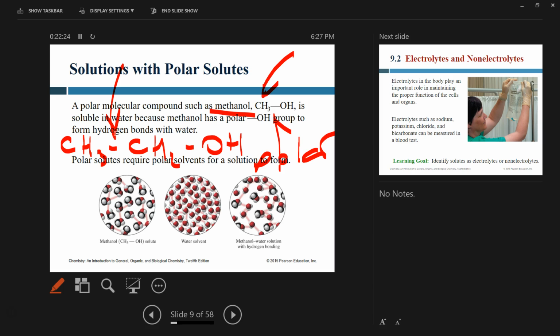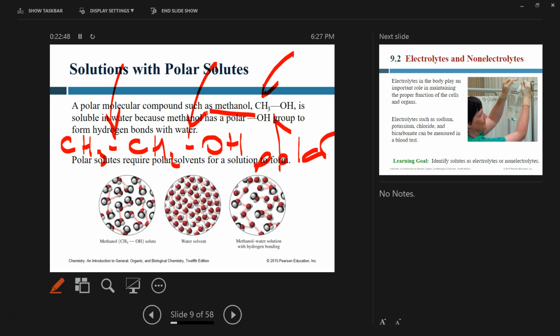It's non-polar, right? Nobody pulls electron density stronger than another. Does that make sense? Now this bond is polar, so we still have one substantially polar bond. Ethanol will dissolve in water fine. If you take isopropanol, that's rubbing alcohol, it's going to dissolve in water just fine.